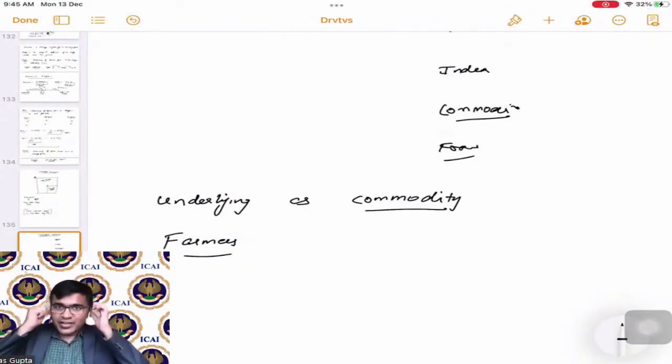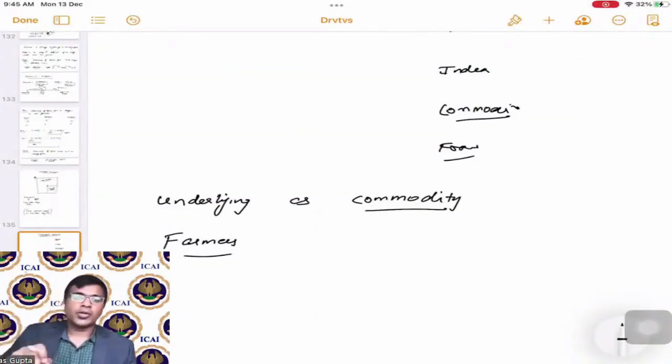Or let's say the farmer is planning at the time of sowing the seed, so he would know that after 6 months, I will get this much produce from my farm. How to protect myself from the prices going up or down during that time? So he will use commodity derivatives as a technique to hedge himself against the risk of prices going down, because the farmer carries a risk of price going down.